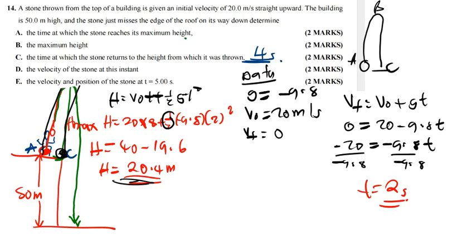So you know when you are throwing something going up, that initial speed is 20 meters per second. The same speed when it reaches that point, now with the opposite sign, is going to be negative 20 meters per second.